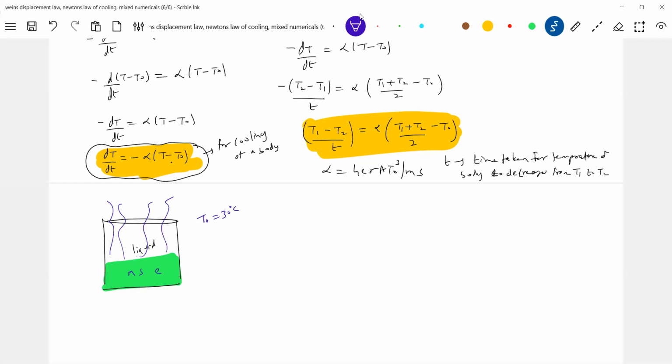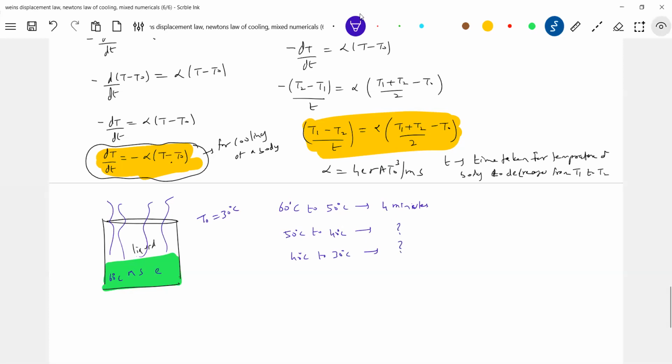The temperature of this, let it be 60 degrees Celsius. Then for 60 degrees Celsius to become 50 degrees Celsius, if it takes 4 minutes, what time will it take for the temperature to go from 50 to 40 degrees Celsius? And further, for the temperature from 40 degrees Celsius to 30 degrees Celsius, what is the time?